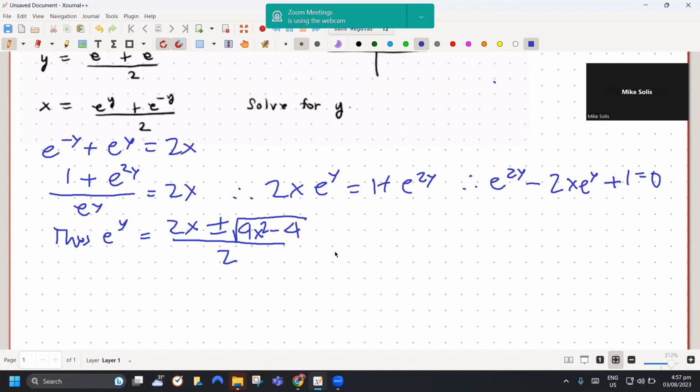Or simplifying, that's going to be x plus or minus.